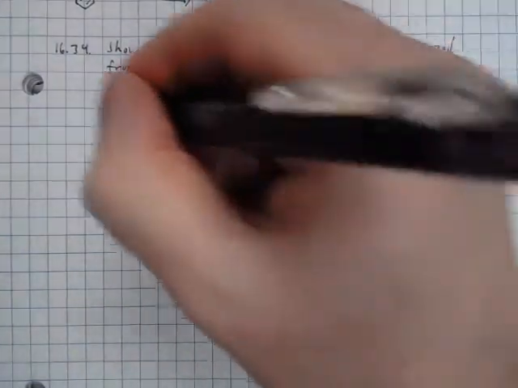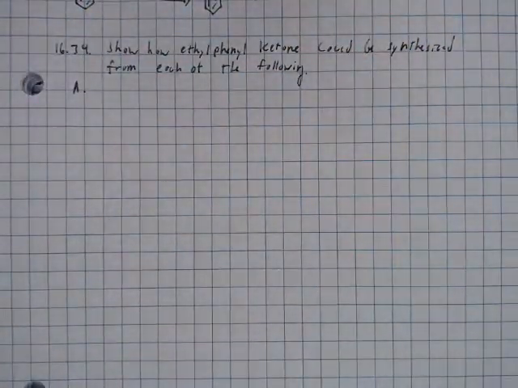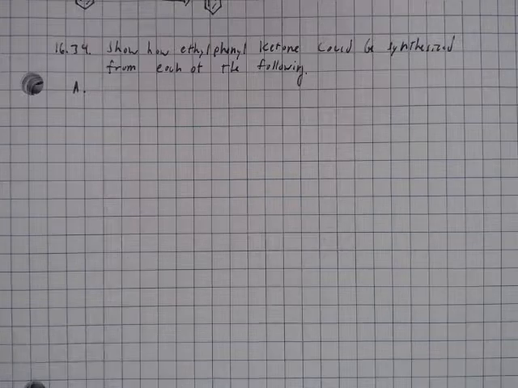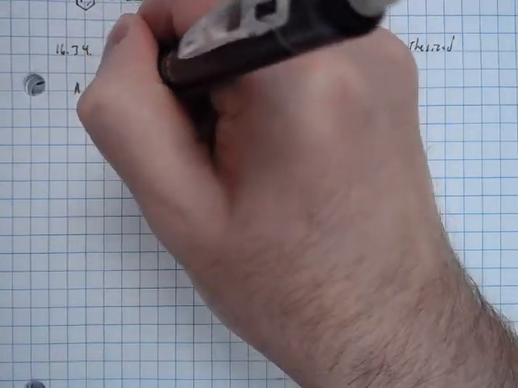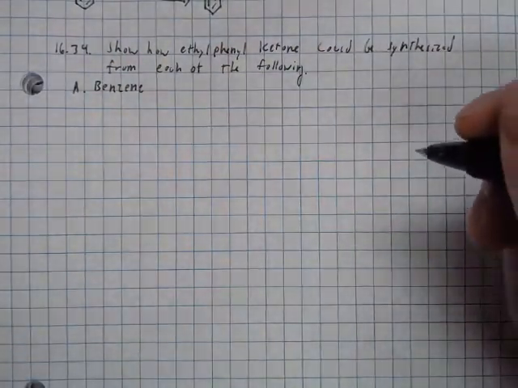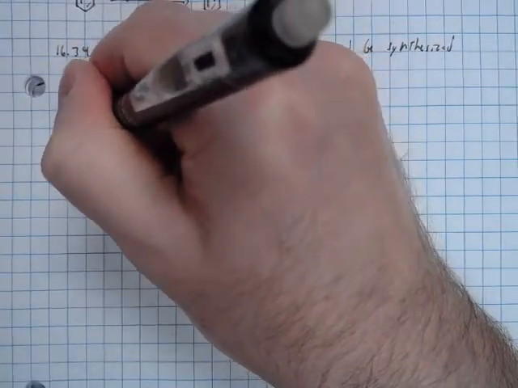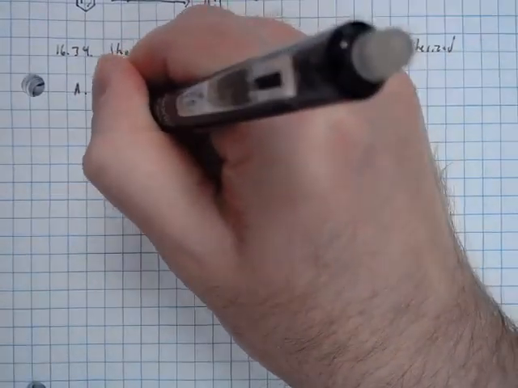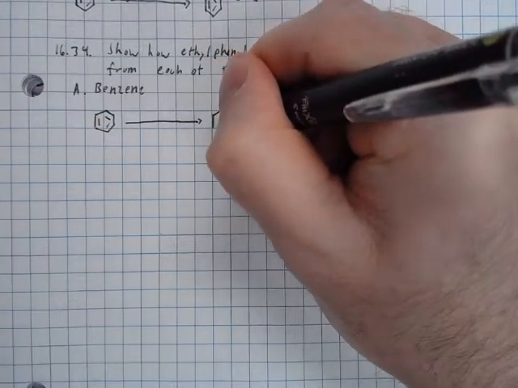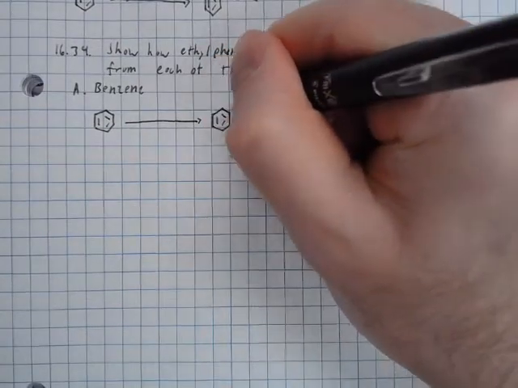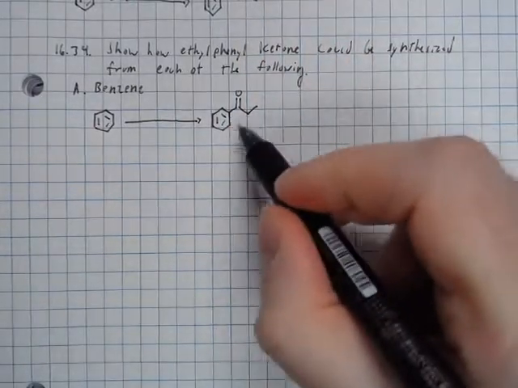And part A is benzene. So we want to convert benzene to ethyl phenylketone.